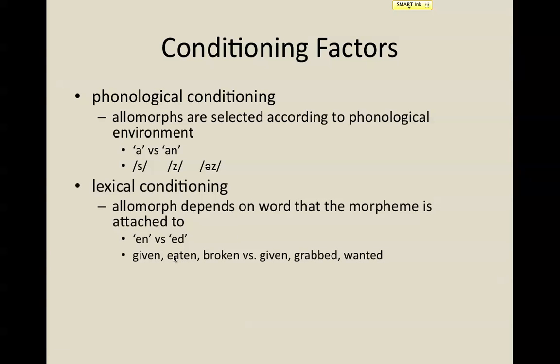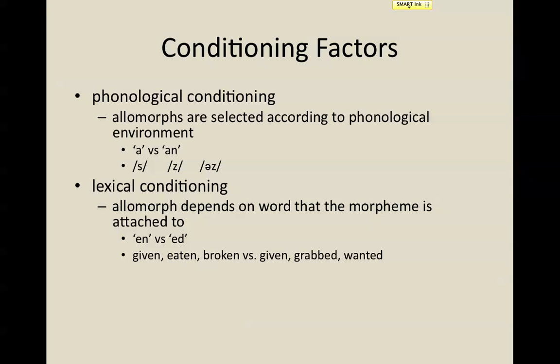And then we have lexical conditioning. So the allomorph depends on the word that the morpheme is attached to. So en and ed have the same meaning, which would be a participle, but it depends on the word, the lexical morpheme, to decipher which inflectional morpheme we're going to add to it, whether the en or the ed.